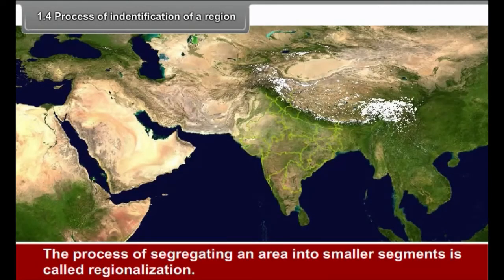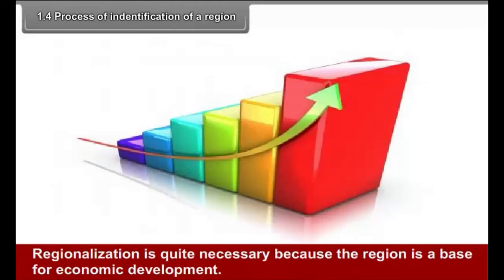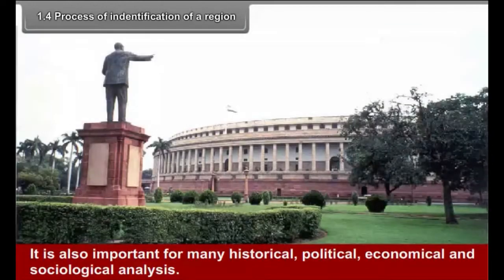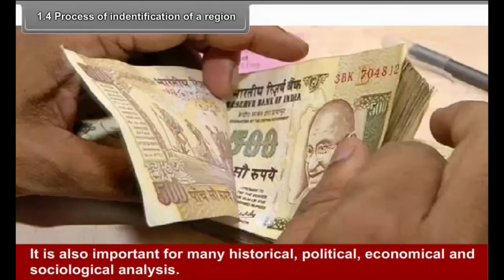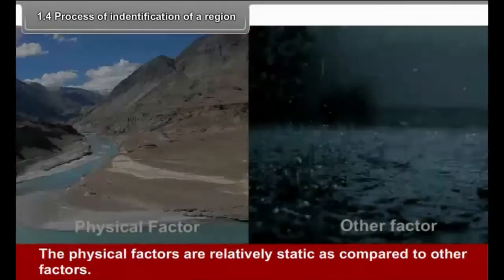The process of segregating an area into smaller segments is called regionalization. Regionalization is quite necessary because the region is a base for economic development. It is also important for many historical, political, economical, and sociological analyses.